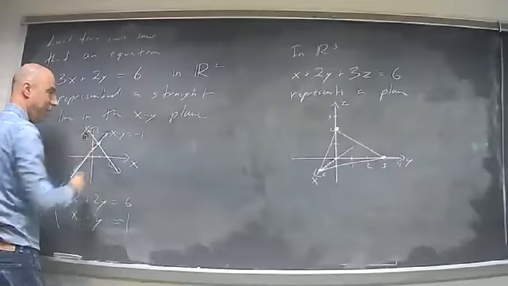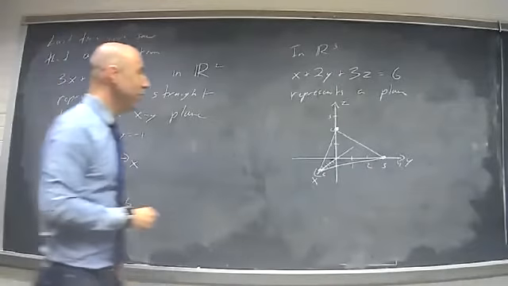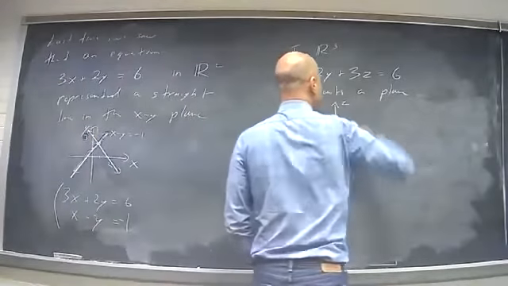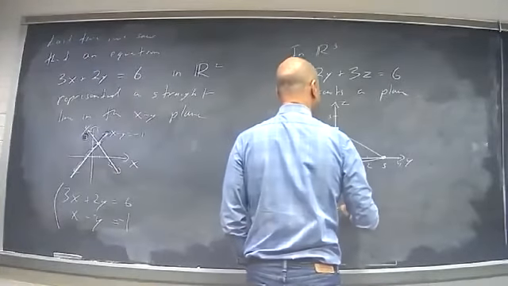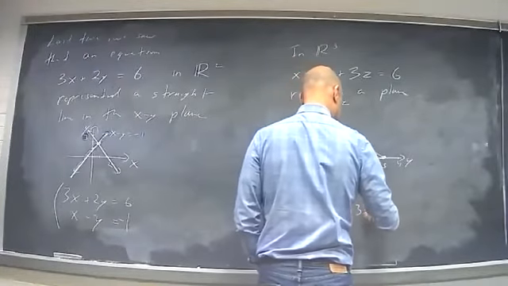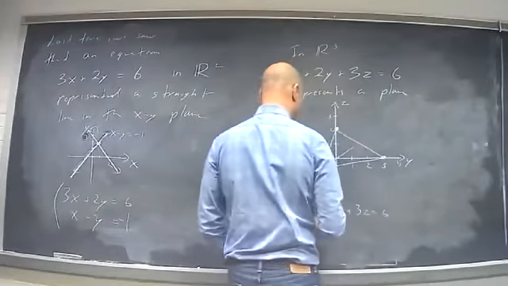We're looking for the intersection right here. If I give you, say, a set of 3 equations in R3, x plus 2y plus 3z equals 6.